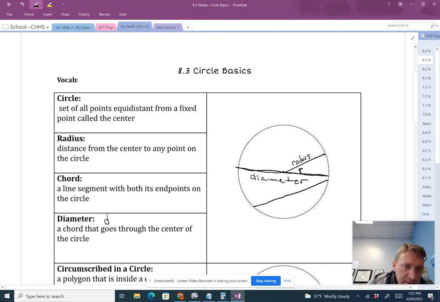We use the variable d to represent diameter, and the diameter is equal to the radius times 2, or 2r. Our diameter is equal to 2 times the radius.